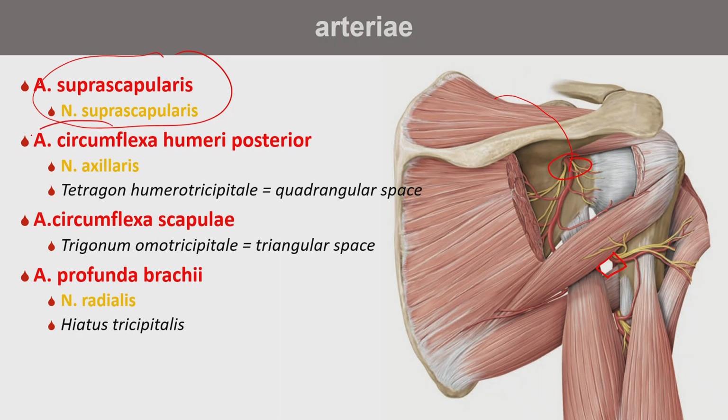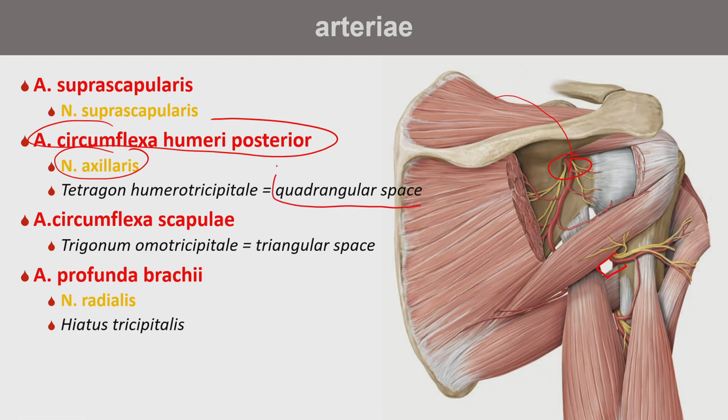The posterior circumflex humeral artery and the axillary nerve are localized in the quadrangular space, also called the tetragon humerotricipitale. Why? Because here is the humerus and here is the triceps.